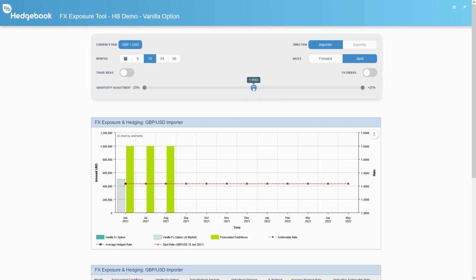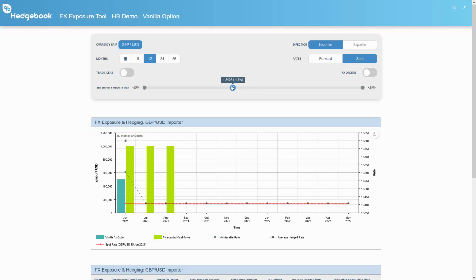But if we take that slider to below the strike of the option, then we see a different outcome. We're seeing the hedged rate at 138, so exercising the option at the more advantageous higher exchange rate. In the scenario, spot rates are closer to 134.